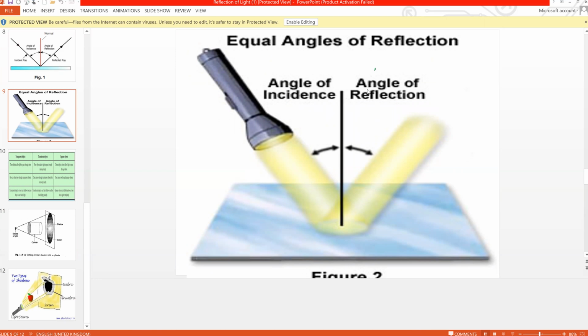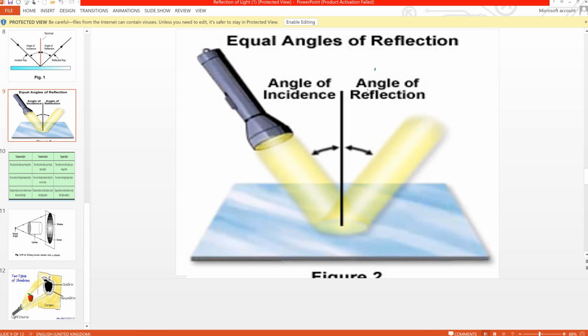I have taken a rectangular screen, and I just switched on the torch, passing the source of light or light rays. When these light rays strike the surface, they get reflected. So this is one concept of reflection.